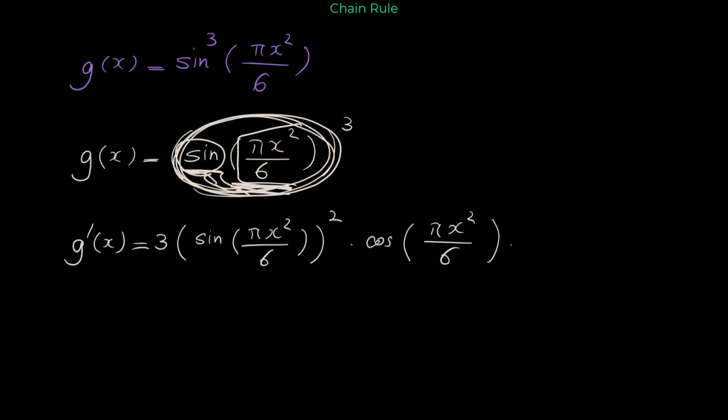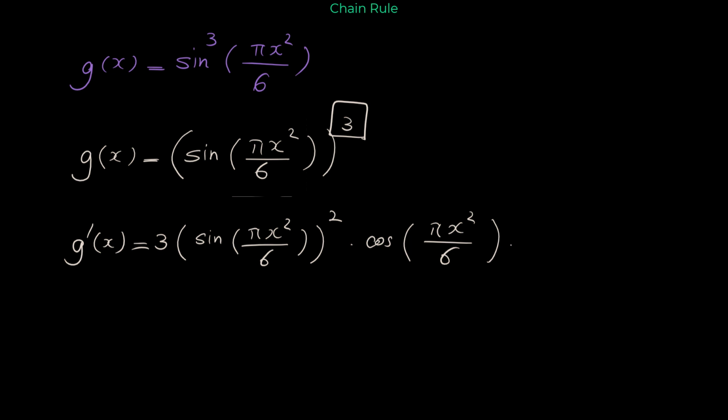But don't forget to take the derivative of the inside of the inside. Here this is outside. This expression is inside, but this is the inside of this inside. So don't forget to multiply the answer by the derivative of pi x to the 2 over 6.